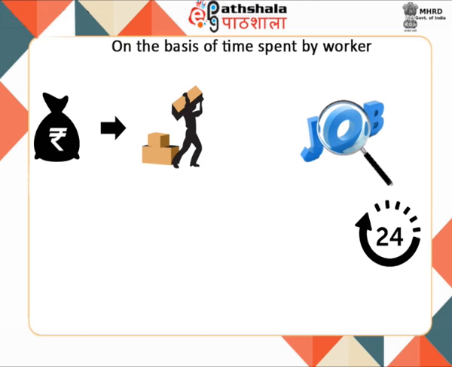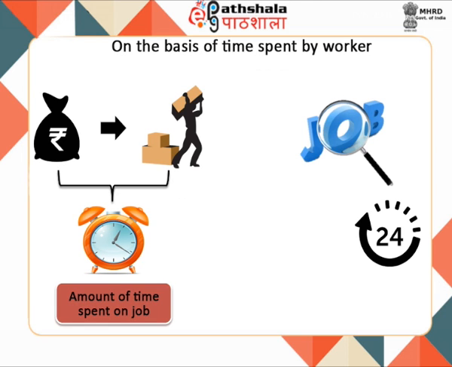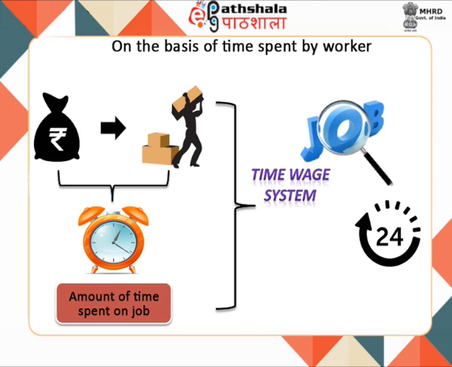One of the wage payment methods is based on the time spent by the worker on the job. Under this method, wages payable to a worker are determined by the amount of time they spend on their job. This method is also called the time wage system, as wages are based on time spent on the work.